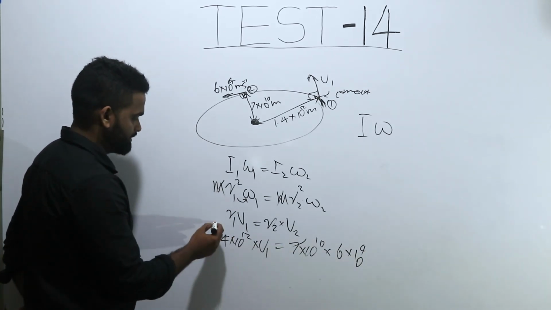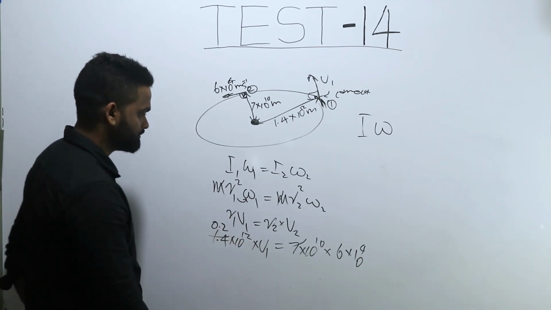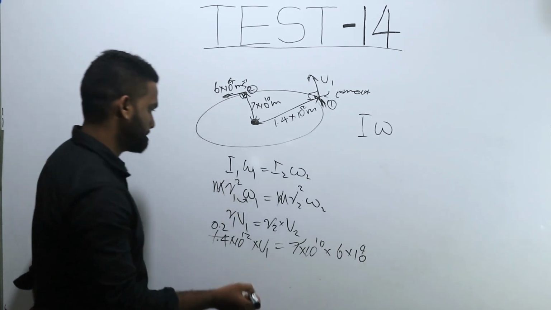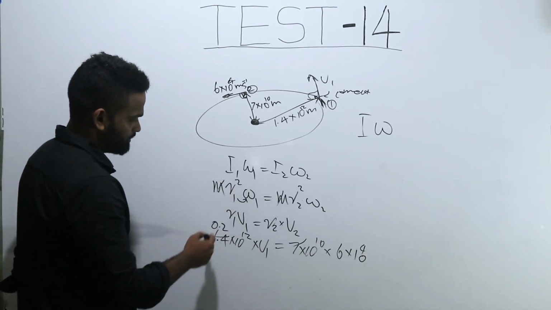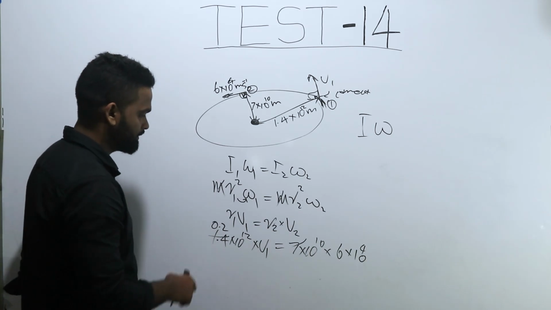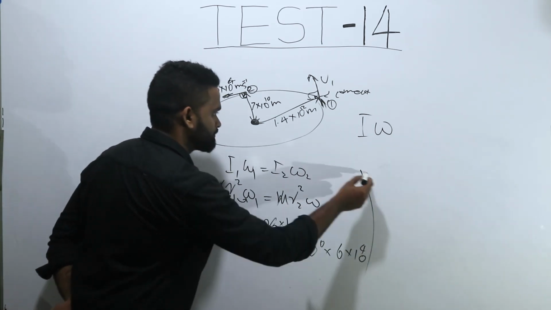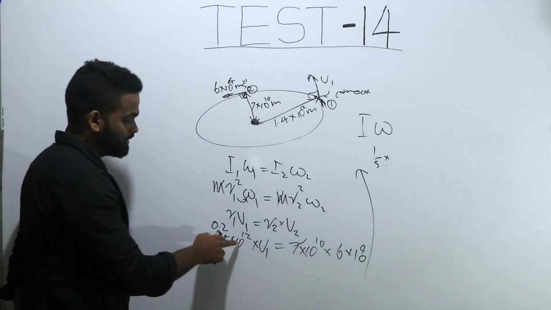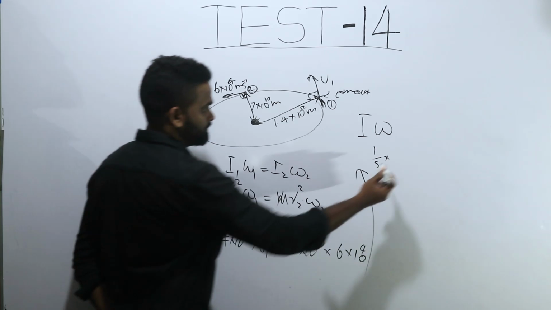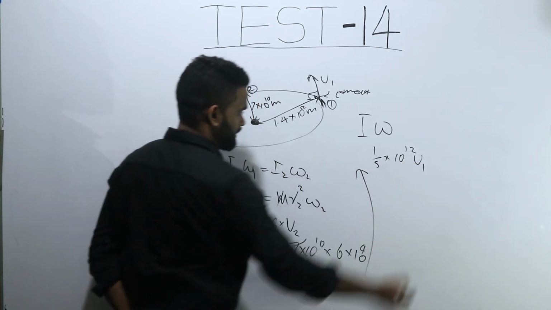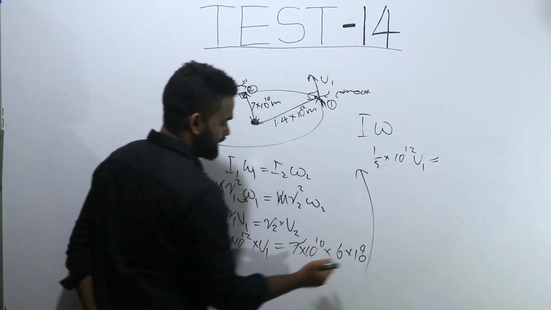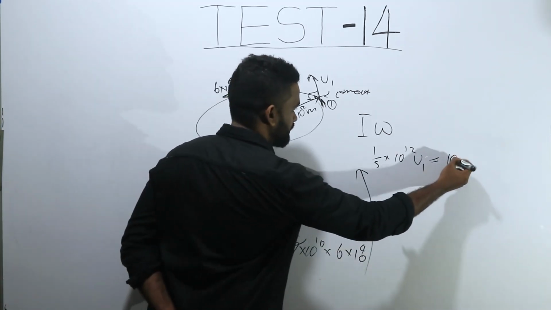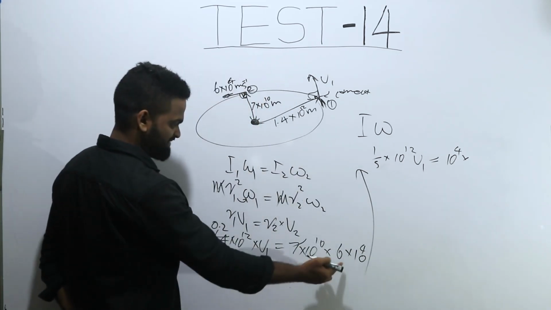Divide both sides by 7, we get 0.2. 0.2 is actually 1 over 5, right? 0.2 means 1 over 5, times 10 to the power 12. So v1 equals 10 to the power 10 times 6 times 10 to the power 4, that is 10 to the power 14 times this 6.